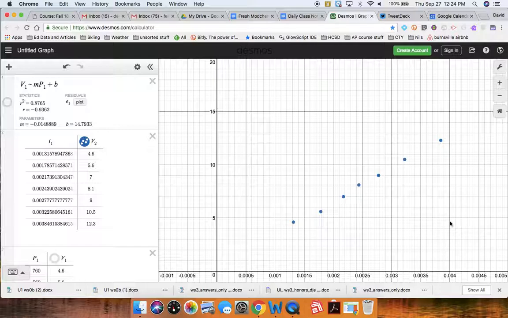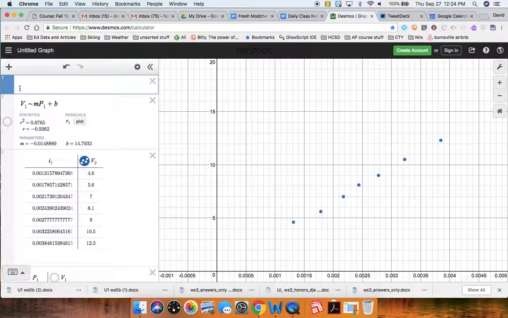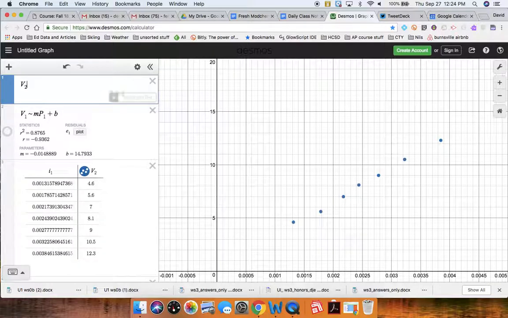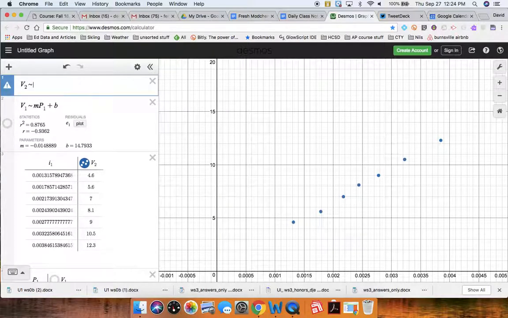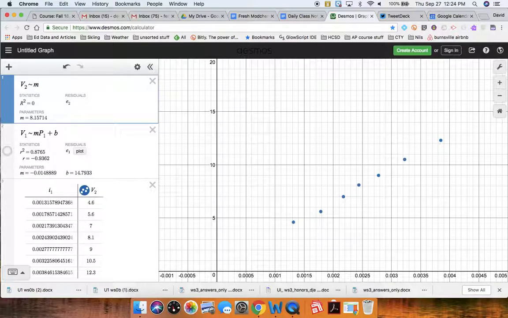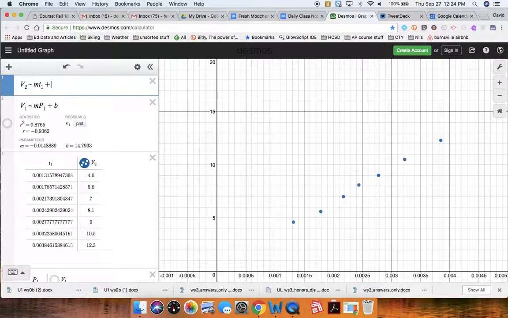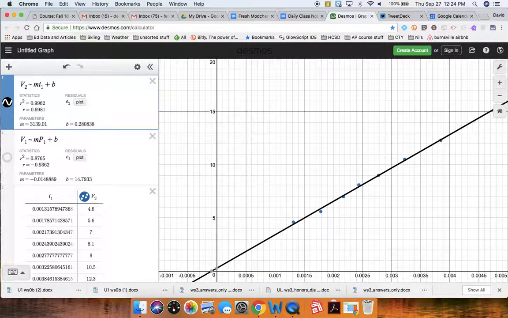So now that I have that data in place and it's in a table, I can do regression on the values in the table. So I'll click Add Expression, and my vertical axis is now V2, the second set of volume data, tilde to prompt regression, and then M, and then I1, which is the inverse of the pressure values, and then plus B. And we can see that the R-squared value is much higher.